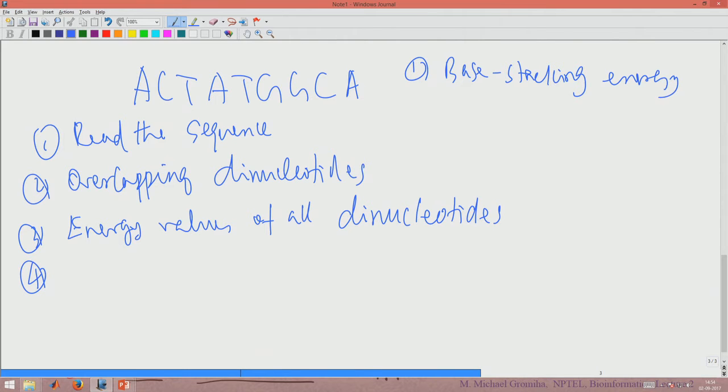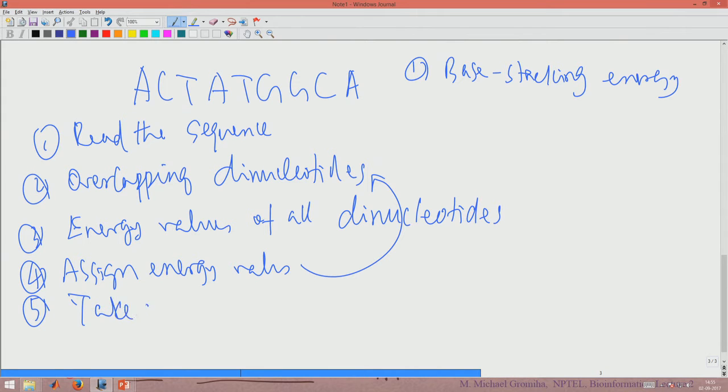We have to assign the values for each from this step 2, and then take the sum and divide by the total number of dinucleotides.